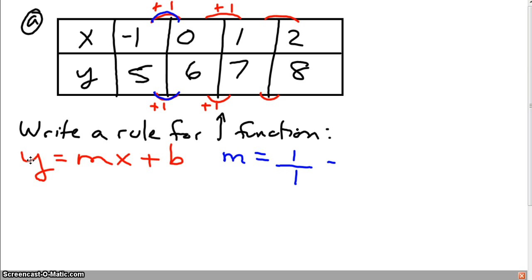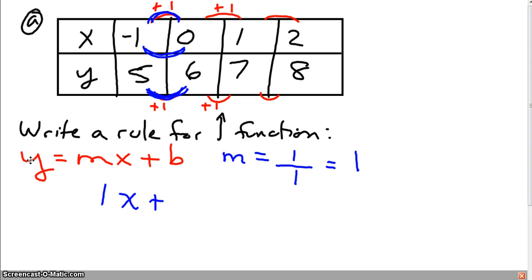So the slope here is 1. Now we could have substituted 6 minus 5 is 1 over 0 minus -1 is also 1. You can use your slope formula, or maybe you can find the change just the way we did. Change of 1 over 1. As long as you do rise, y values, over run, x values. Okay? So we now know we have 1 for our slope.